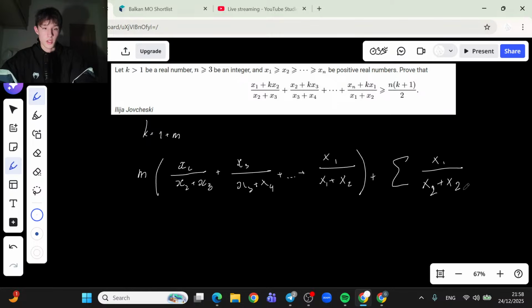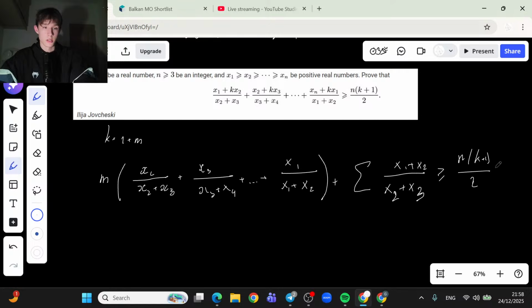It's x2 plus x3 and then x1 plus x2. I think it worked like this. So x2 plus x3 mx2. Yeah. Then we need to show that this is greater than or equal to n times k plus 1 over 2. And now we use that k is greater than 1, so this thing is just n plus 2 over 2.